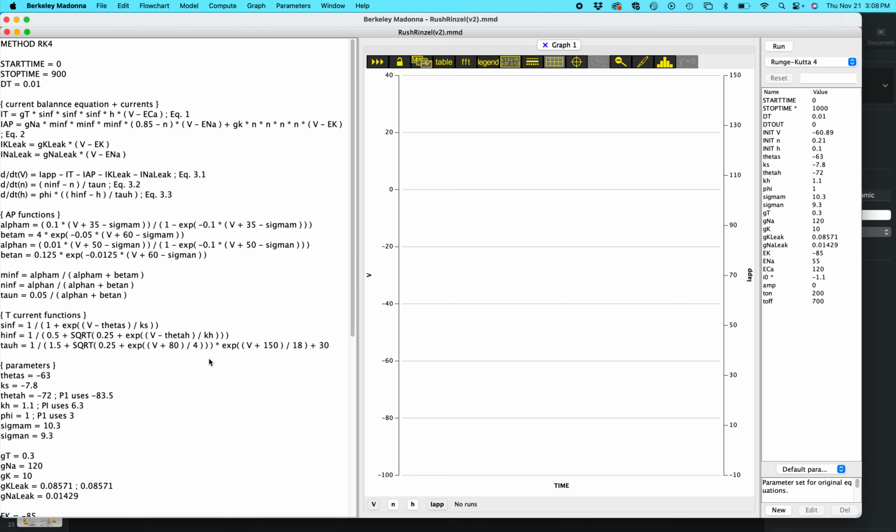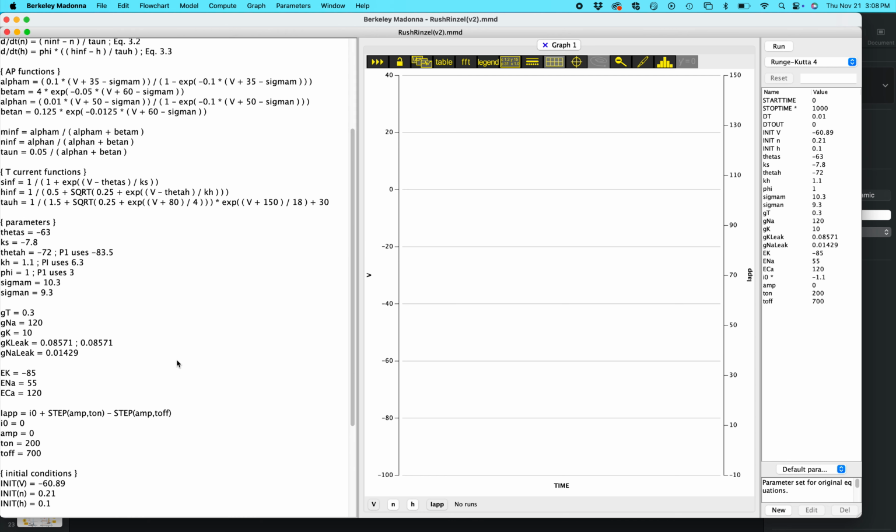My current balance equations look the same. The only differences are going to be theta H.